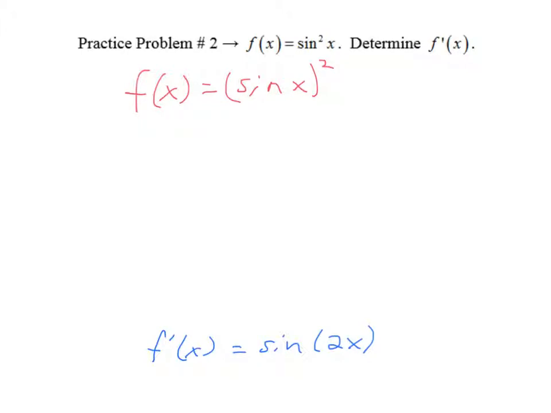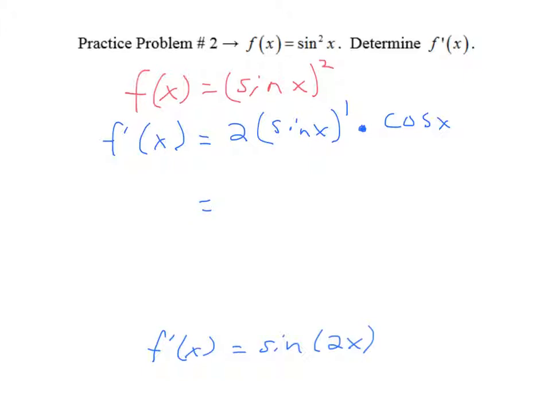Hopefully you saw, okay, the outside function is the square function, so f prime of x is going to equal, let's see, we need to bring the 2 down, and we're going to leave that sine of x alone, and of course 2 minus 1 gives us 1, so we have 2 times the sine of x, all to the 1st power, and then you needed to multiply by the derivative of the inside function, which is the derivative of sine of x, so that would just be times cosine x.